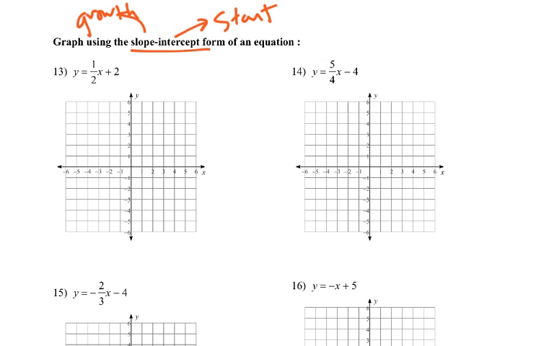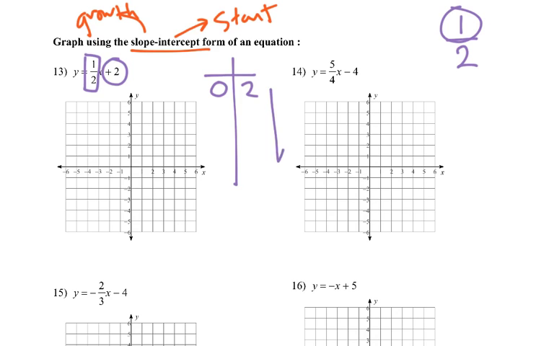So like on 13, if I wanted to, I could make a table again. Say my starting number is at +2, okay, and my growth. Now, this 1/2, okay, we did a thing in class using Desmos and realized that when we make a table, the top number is how we're growing on the output.